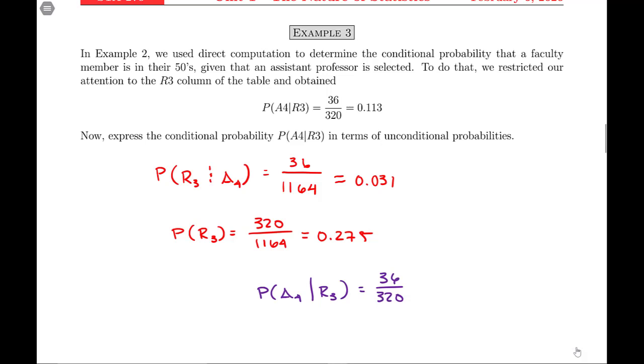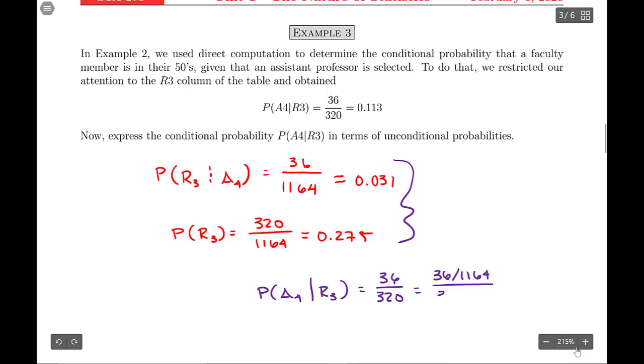And if we notice from the notation that we've used in these two calculations, we could have 36 over 1164 over 320 out of 1164. And just through basic algebraic steps, the 1164s will cancel. We're left with 36 over 320. And we have now computed the general formula for conditional probability.